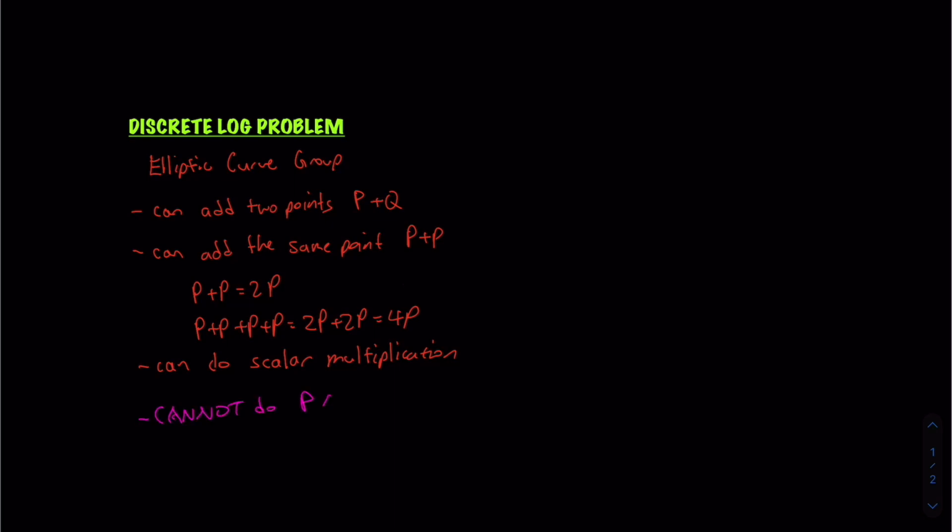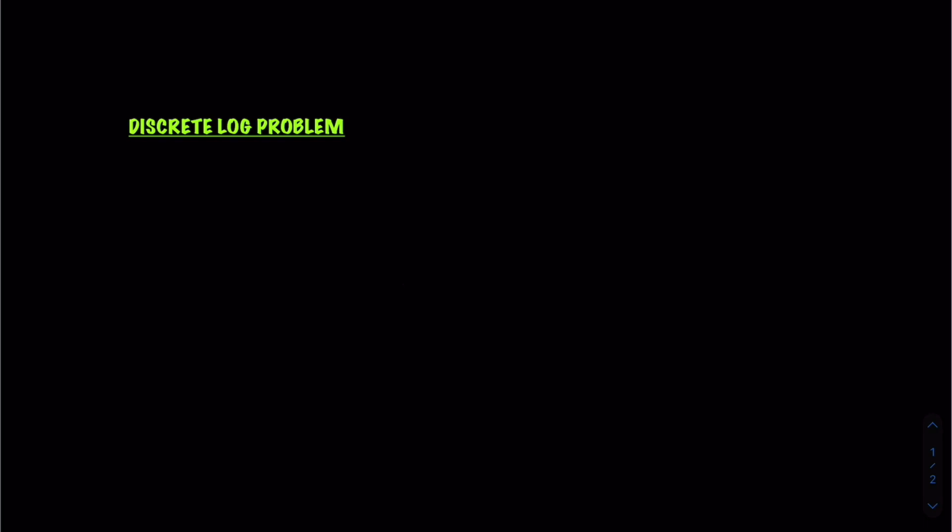Now, what was the whole point in doing this? The whole point is so that we can take advantage of the hardness of the discrete log problem, specifically for elliptic curve groups. Let's see how that works now. Let's say I'm a good user. I'm not malicious. I pick a point P that everyone knows. And let's also say that we had constructed this elliptic curve group with a huge order.